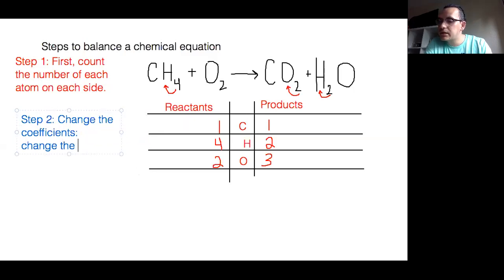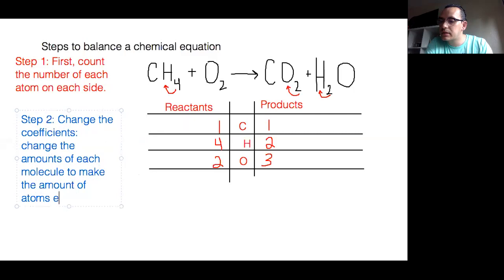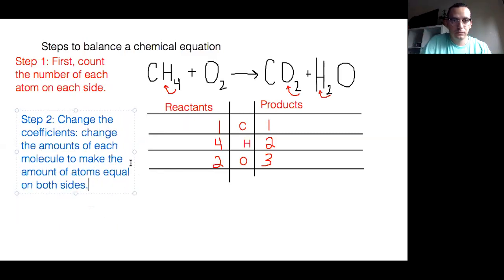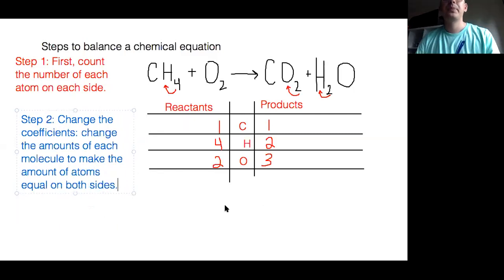So you want to change the amounts of each molecule to make the amount of atoms equal on both sides. So the coefficients would be the big numbers in the front. The little numbers are the subscripts.